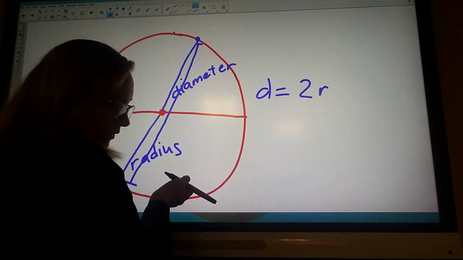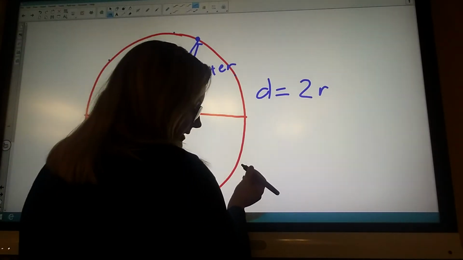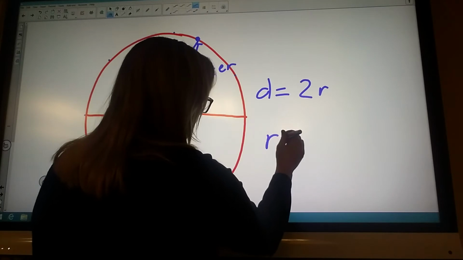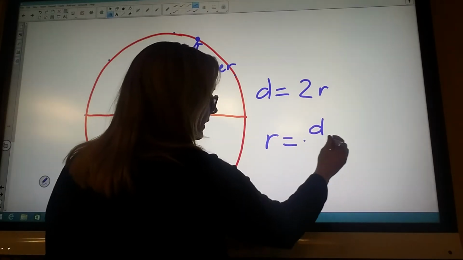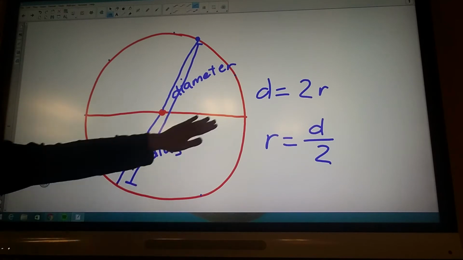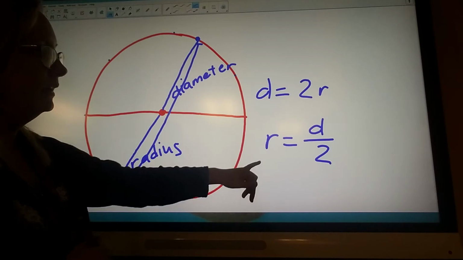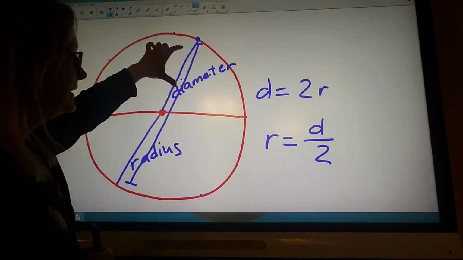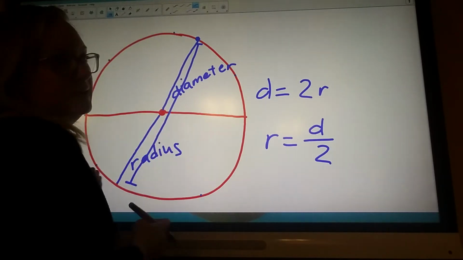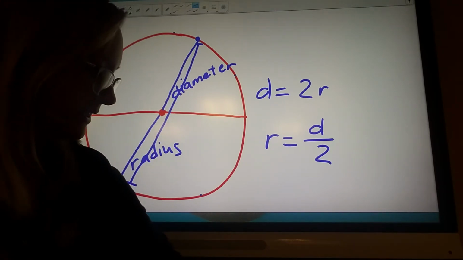And the radius is the diameter divided by 2. Pretty easy, right? The diameter is the radius times 2, and the radius is the diameter divided by 2. Cut it in half.